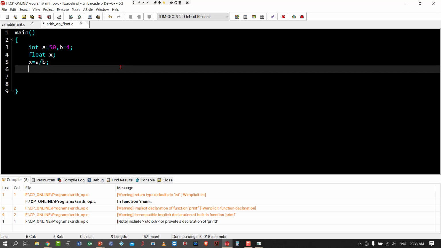Saksham, what's the meaning of this statement, line number 4? It means some space is allocated for x, and it can hold a floating point value. Okay.